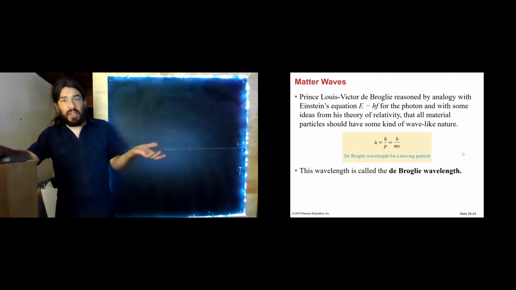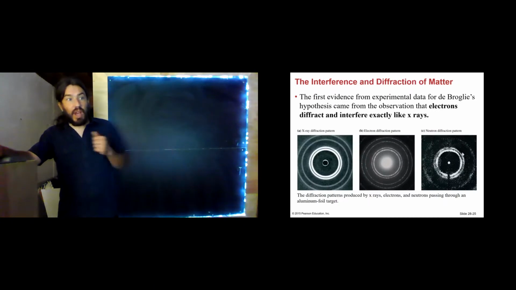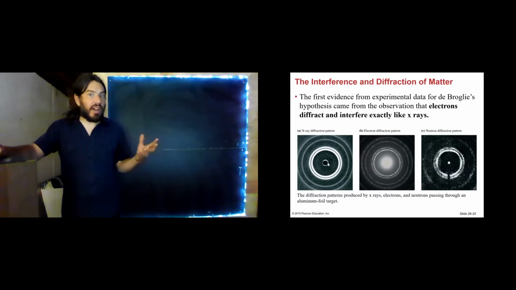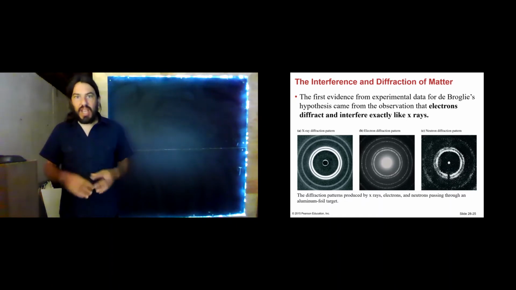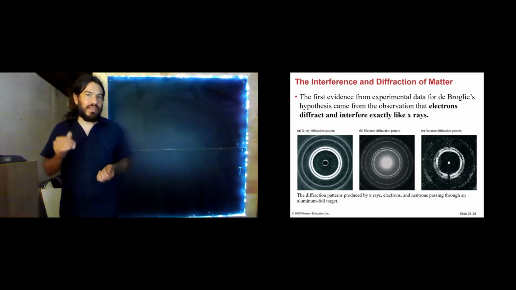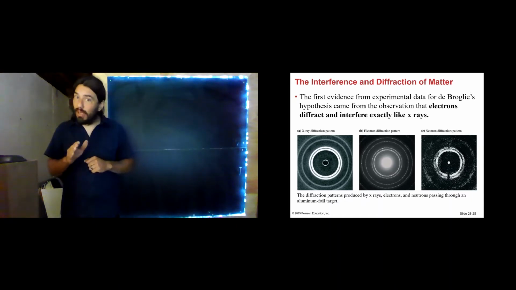And it turns out to be a very successful idea. The first evidence for this came from diffraction patterns from shooting electrons through a tiny little hole in some foil. And so notice here, we don't just get the little dot that we might expect behind the hole. Instead, we see a diffraction pattern. These rings, which are characteristic of the diffraction patterns, just like we learned about a few chapters ago for light.